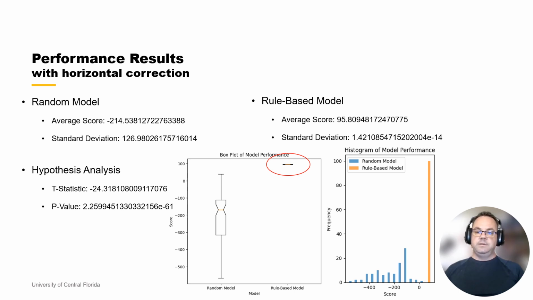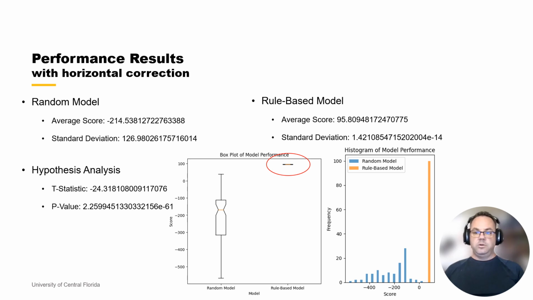The box plot analysis on the left visually demonstrates the difference in performance between the two models. The random Monte Carlo model shows its wide spread in its results, with a large box and whiskers indicating high variability and inconsistency in performance, similar to the previous performance report.